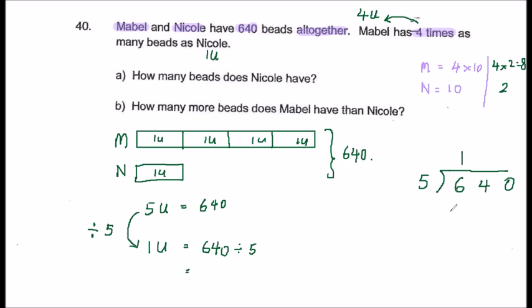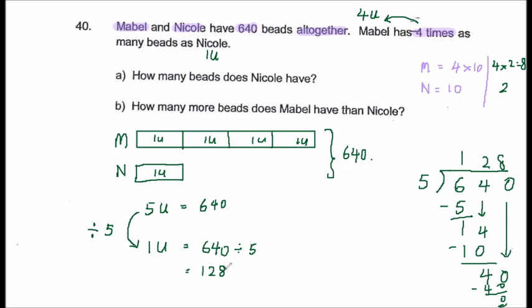This one I can minus. 6 minus 5 equals 1. I bring down the 4. 2 times 5 is 10. I bring down the 0 again. Then 8 times 5 equals 40, then becomes 0. So we have 1, 2, 8. So this 128 is 1 unit.